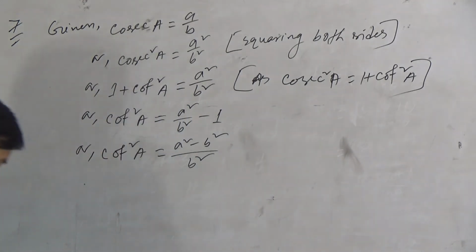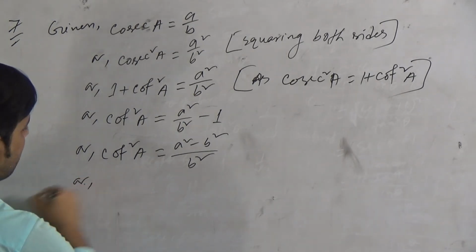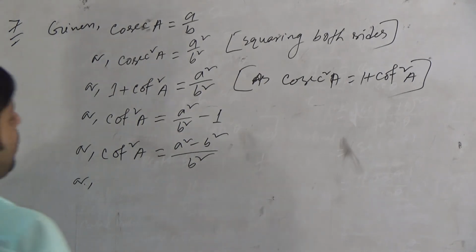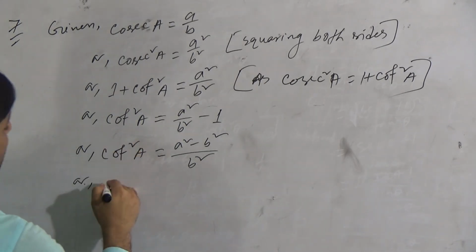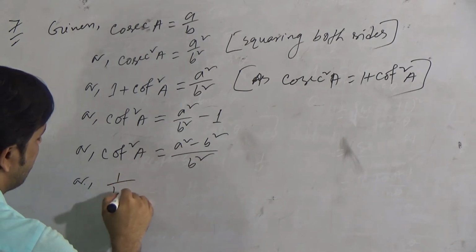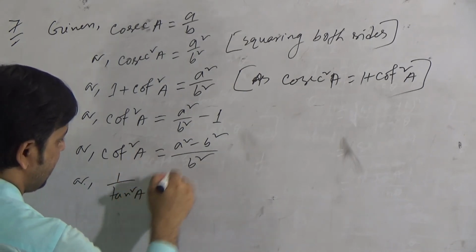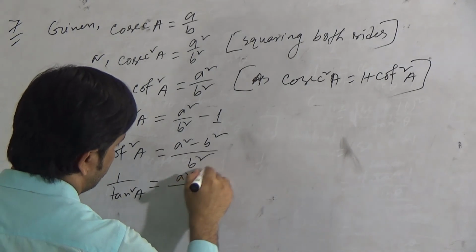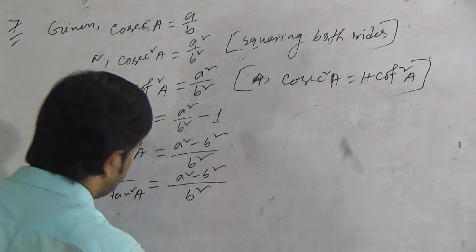Dear students, but we need to prove tan A. How can we get tan A? Dear students, we can write here cot square A means 1 by tan square A, as we need tan A. For this we can write here A square minus B square by B square.